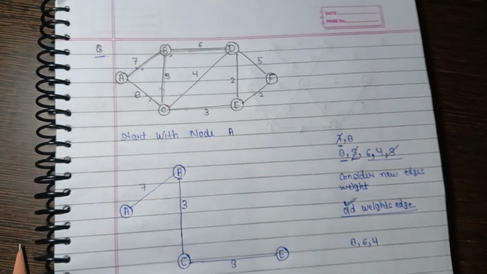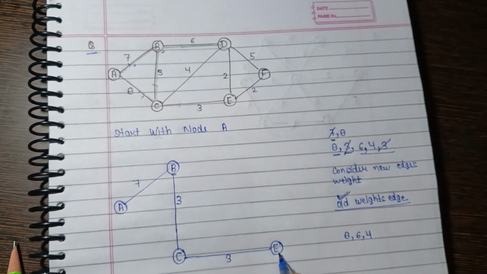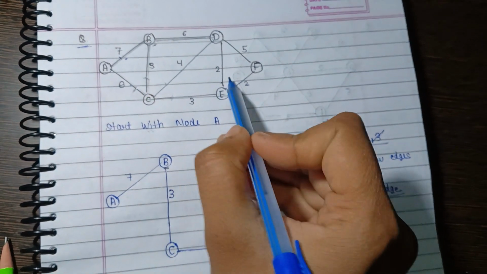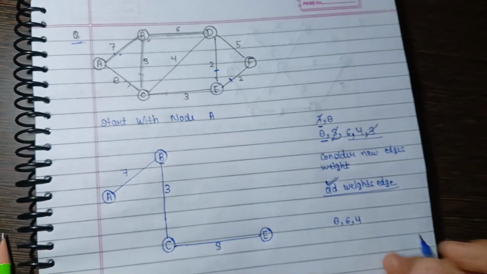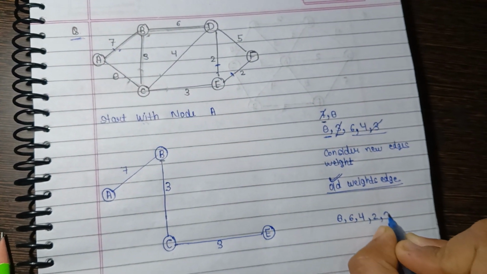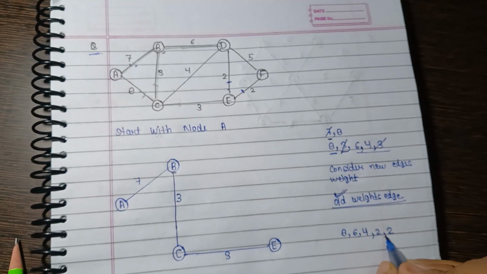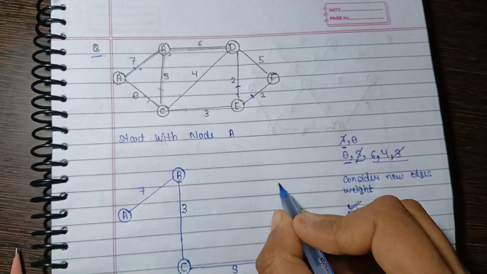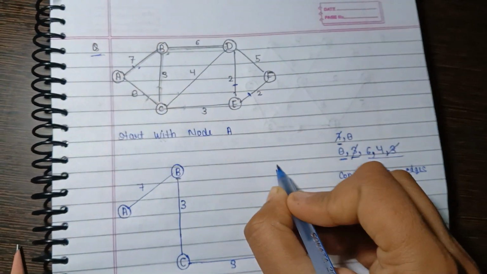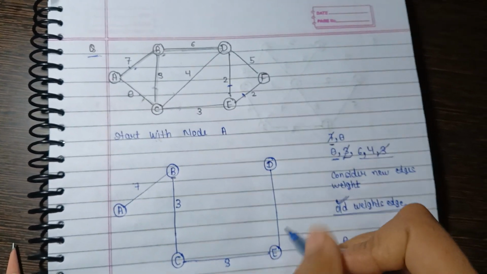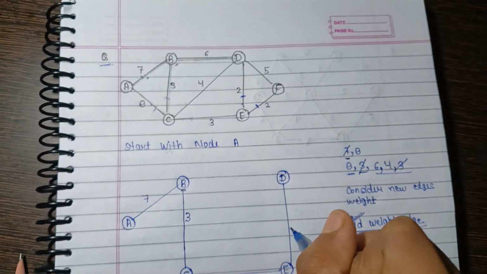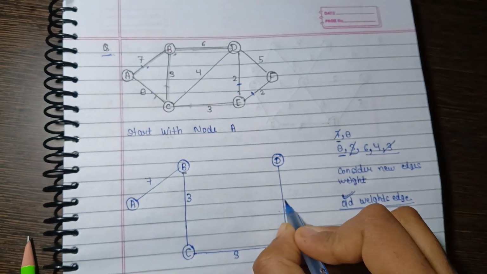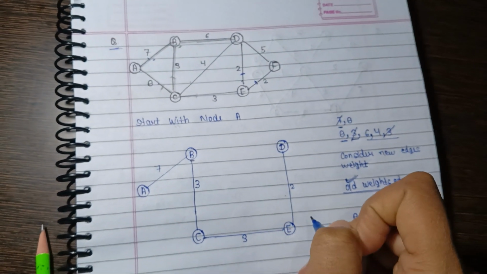Now the edges which are connected to vertex E are 2 and 2. Now the minimum one is, suppose we take 2 and this is a 2. So add this, but keep in mind we add this because it does not make any cycle. If this makes a cycle, then I do not include this in my MST.